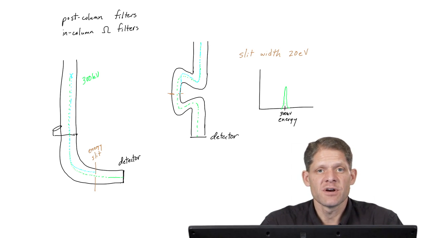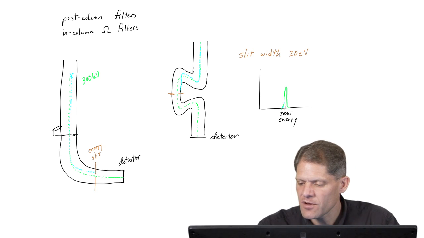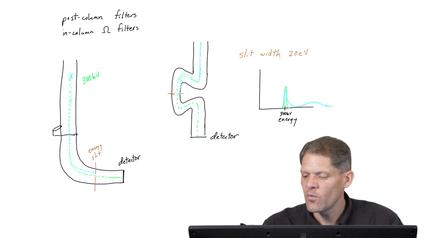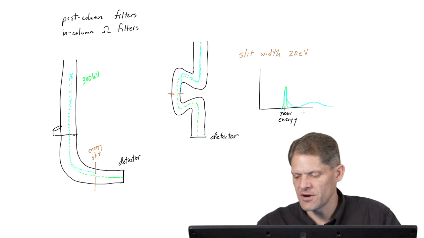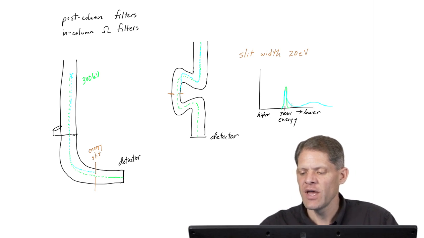If a sample's inserted that's electron dense and there's a lot of scattering, then the curve might be fewer electrons coming through at 300 kV and a tail of electrons coming through with a number of lower energies. Here I've drawn it to the right as lower, but these would be higher energies and these are lower energies. And so as inelastic scattering events happen, these electrons emerge with lower energies.